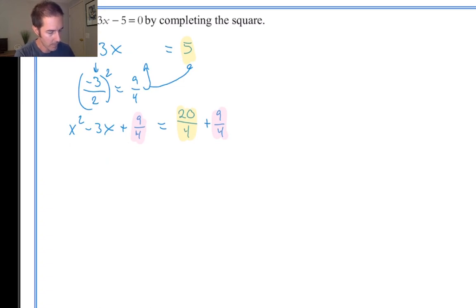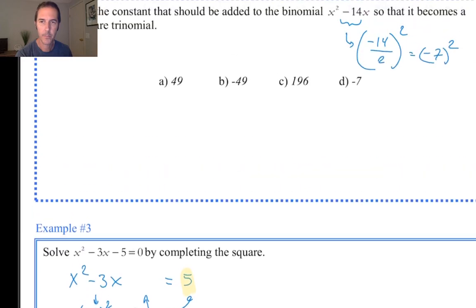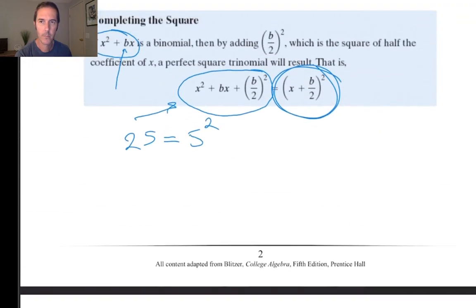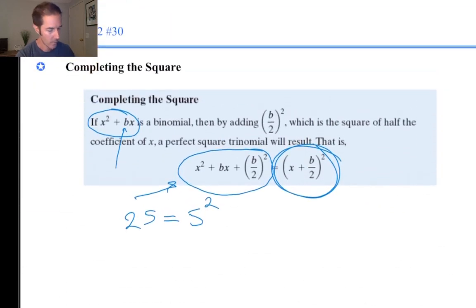The left-hand side of this equation becomes x minus b over 2 quantity squared. That's part of the pattern. We saw it up here. In the problem that we're working on, this number's a 3, and what number did we add over to here?